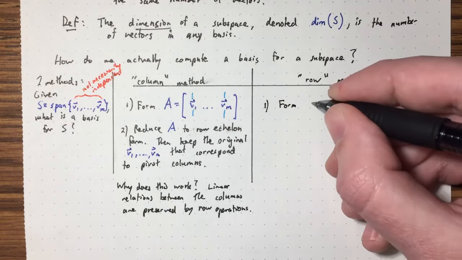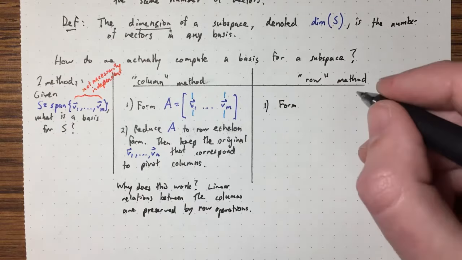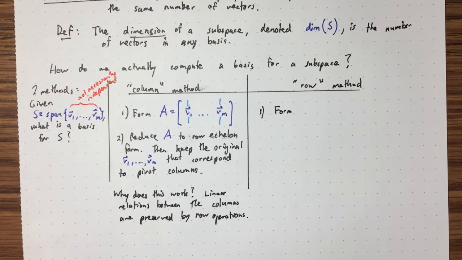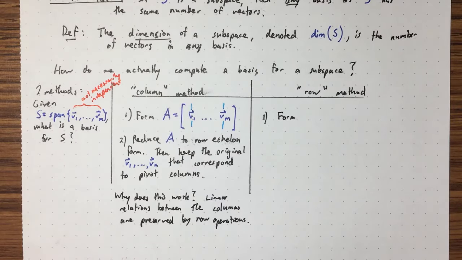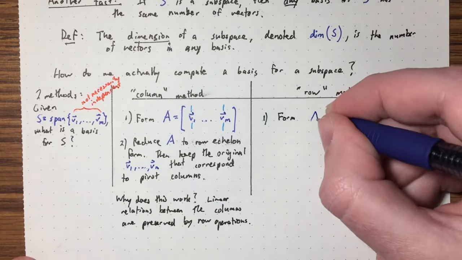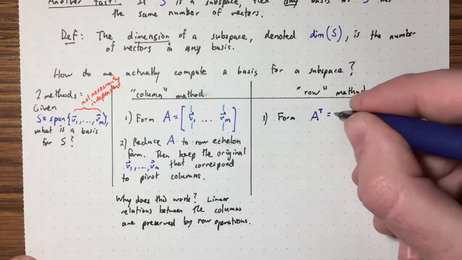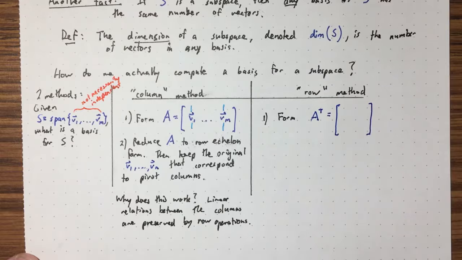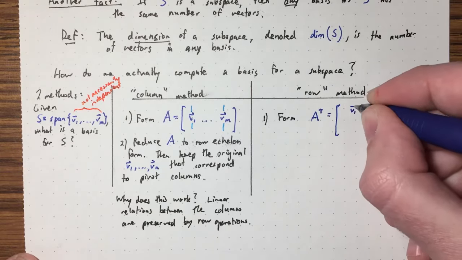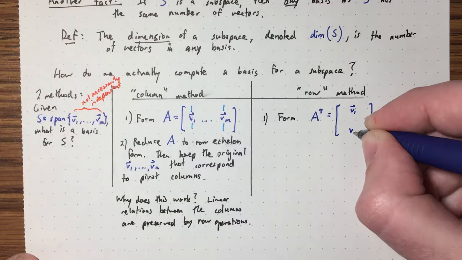In this method, we're actually going to flip the matrix. That's why I call it the row method. So we're going to form A transpose. It's our first time using the transpose. So what is A transpose going to look like? Well, I'm going to turn my column vectors into row vectors.